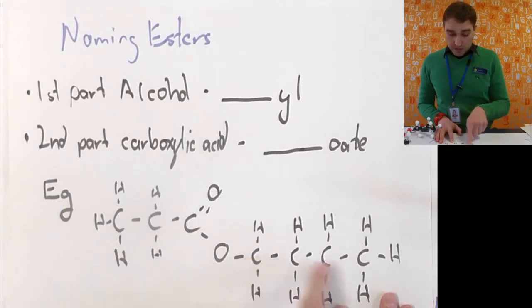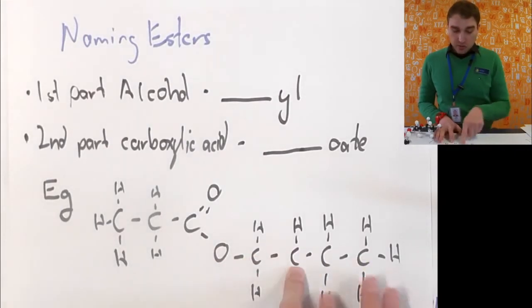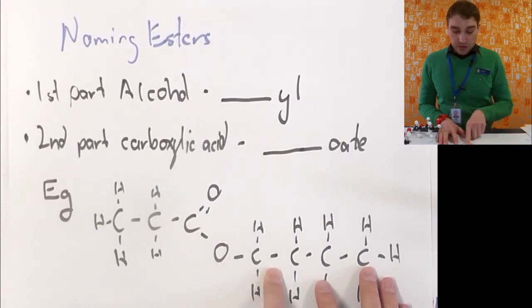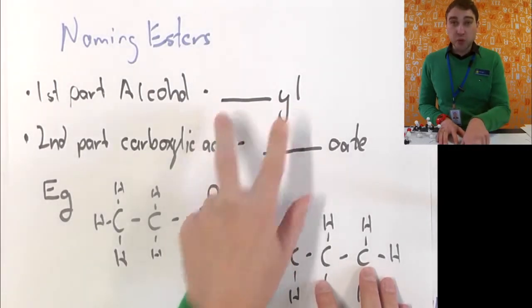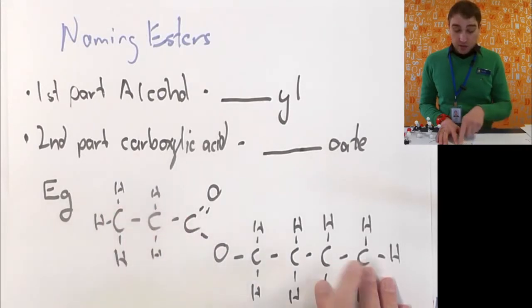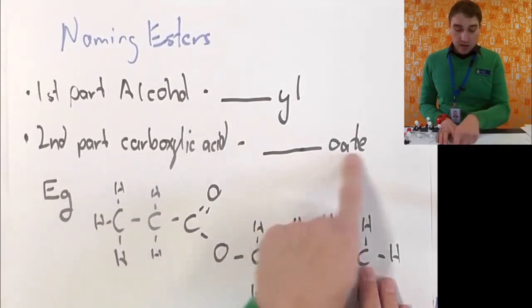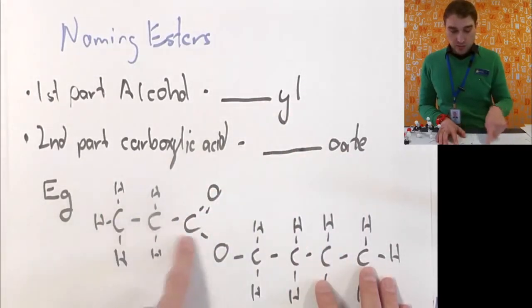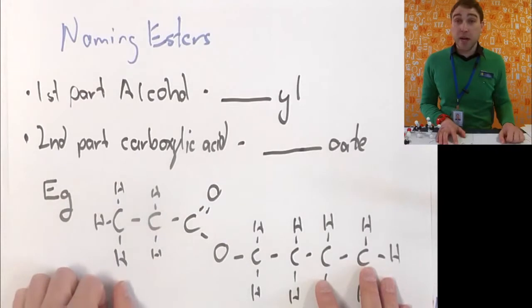There are 4 carbons here, meth, eth, prop, but, so this would be butanol, the alcohol that produced it. So the first part of the name would be butyl. Then we look at the carboxylic acid bit. There are 3 carbons there, meth, eth, prop, so it'd be butyl propanoate.